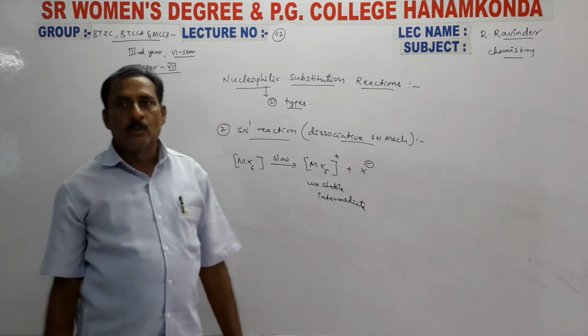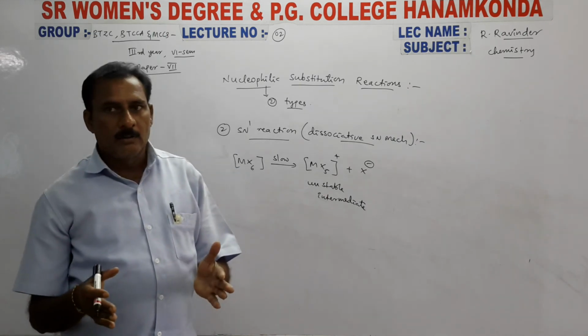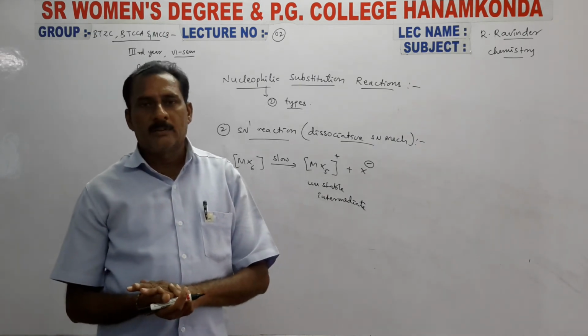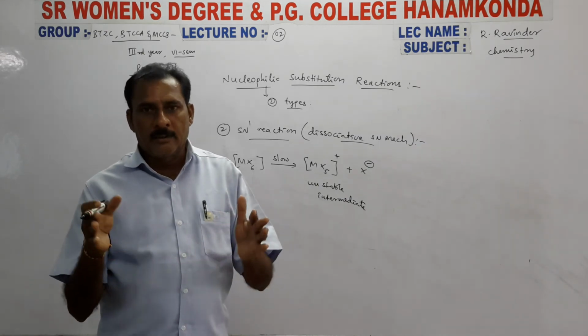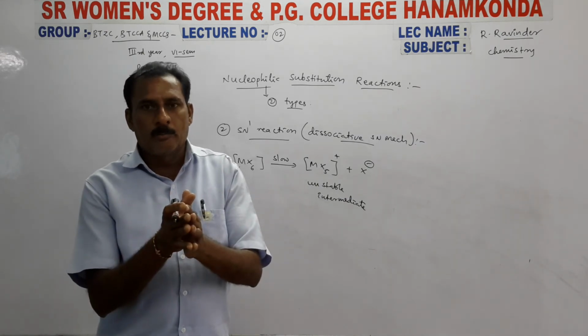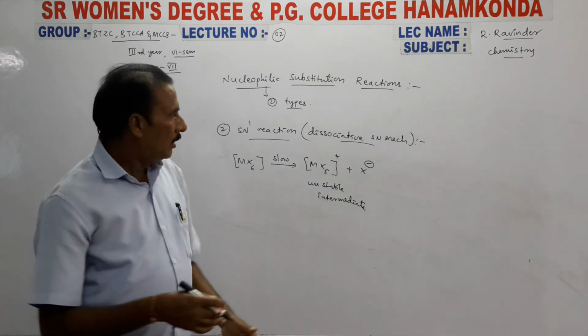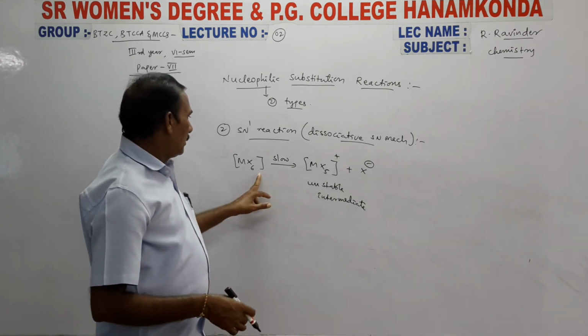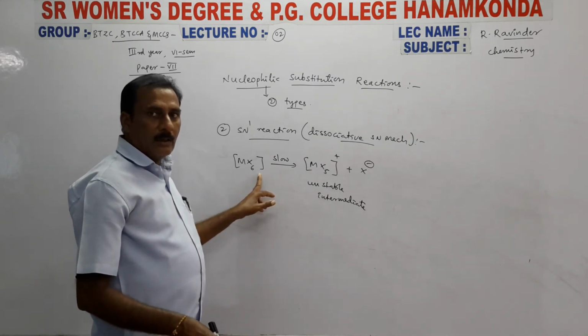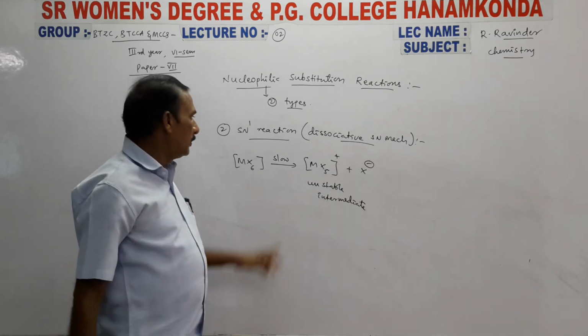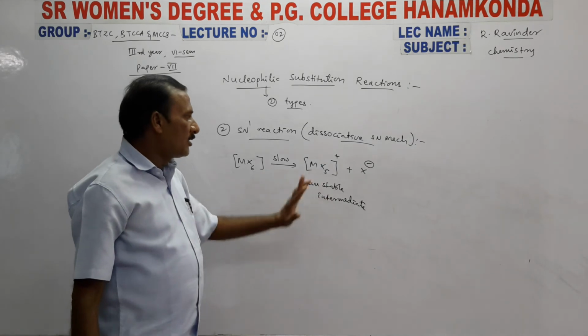In the SN1 reaction, first the negative ligand or any nucleophile dissociates from the octahedral complex in a slow step to form an unstable intermediate.